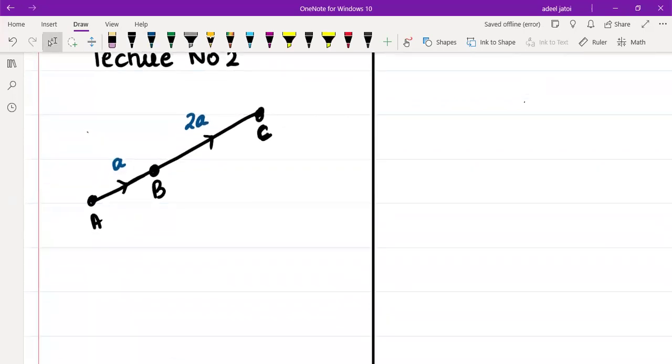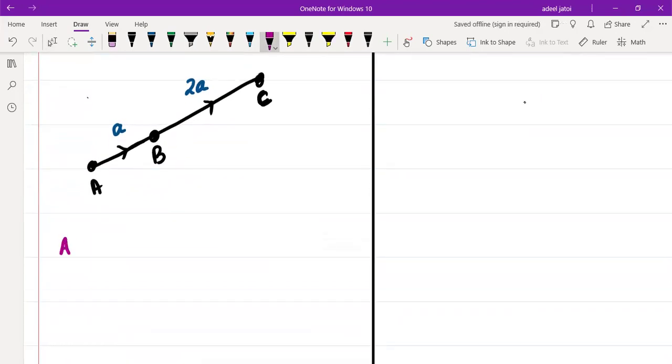So there are a lot of different ways where we can be tested in this. Number one, they can directly ask us vector of AC. So vector of AC will be AB plus BC, which means A plus 2A. So this is going to be 3A.